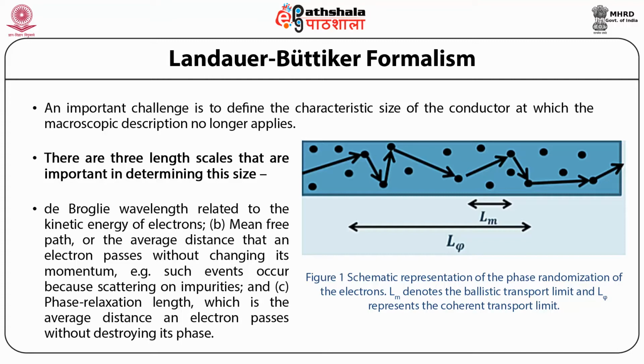So the phase loss occurs because of inelastic scattering attributable to electron-electron and electron-phonon interactions as shown in this figure. So here Lm denotes the ballistic transport limit and L phi denotes the coherent transport limit.